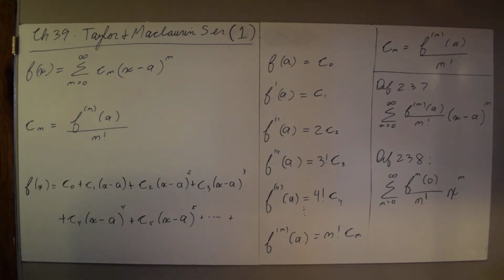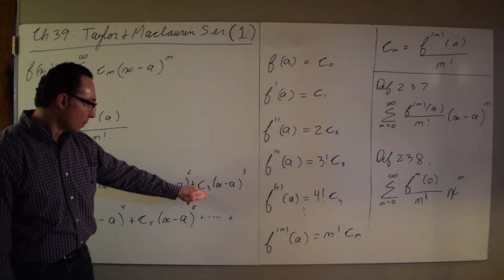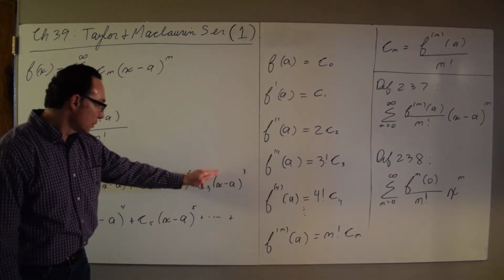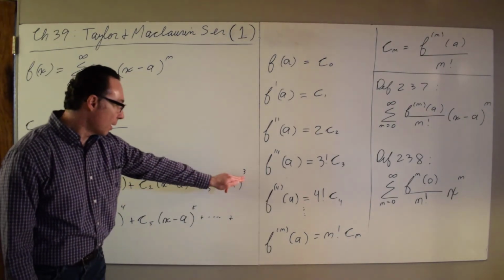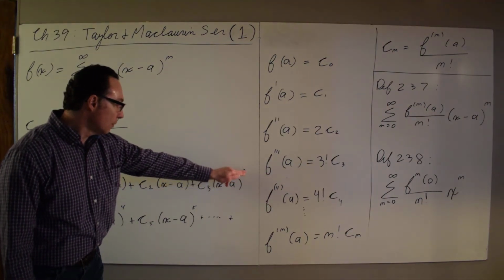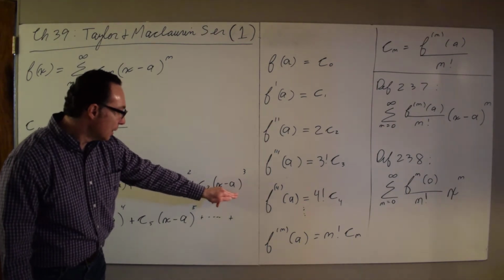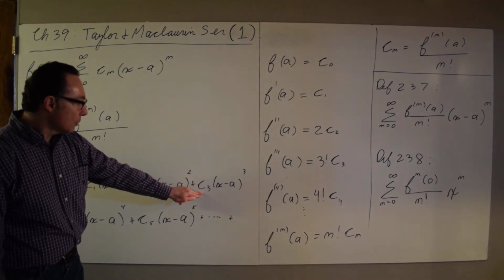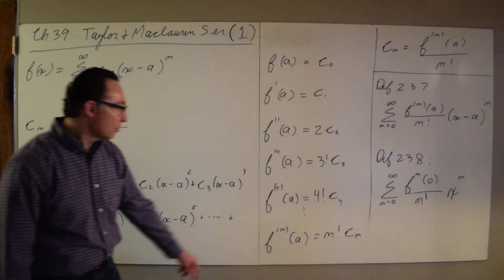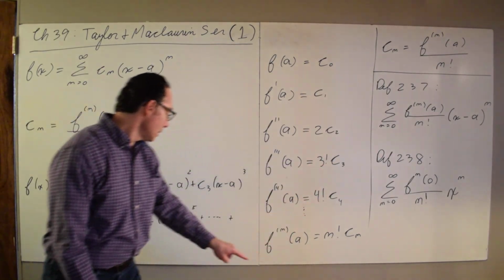What about the third derivative? This goes to 0, 0, 0. This first derivative is 3 times c sub 3 times x minus a squared. The second derivative is 2 times 3 times c sub 3 times x minus a. And so when we get down to the third derivative, we have 3 factorial times c sub 3.